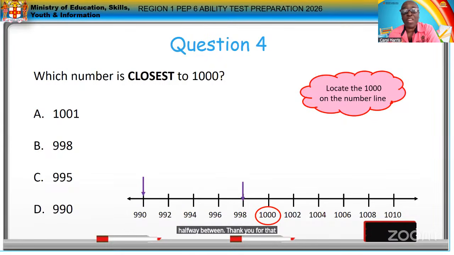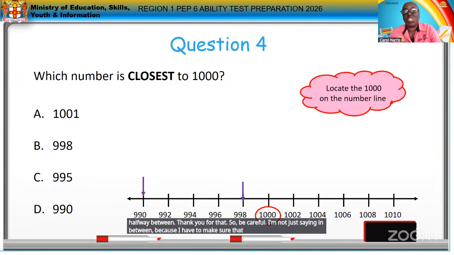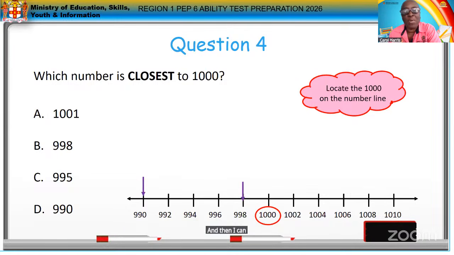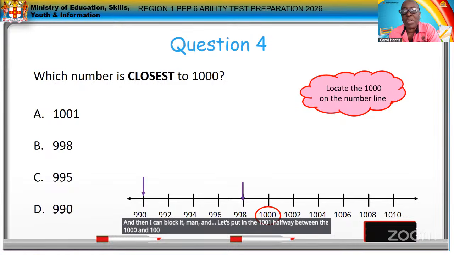So be careful of not just saying in between, because I have to make sure that it's as close to halfway between as possible. So I can locate my 1,001, halfway between the 1,000 and 1,002. Then where would my 995 be? Give me that quick in the chat. Where would my 995 be?